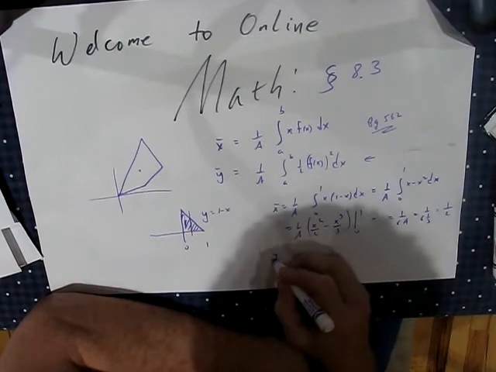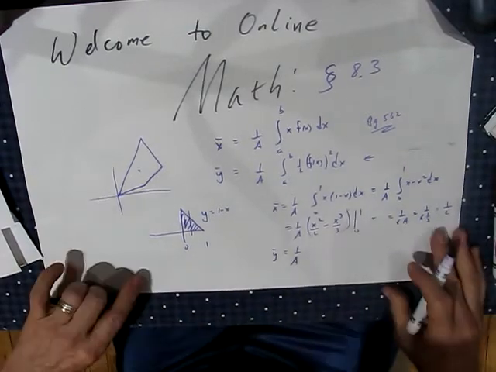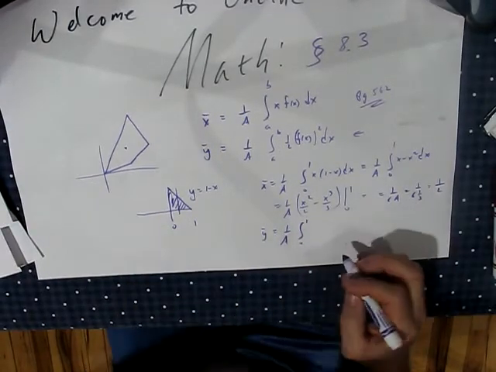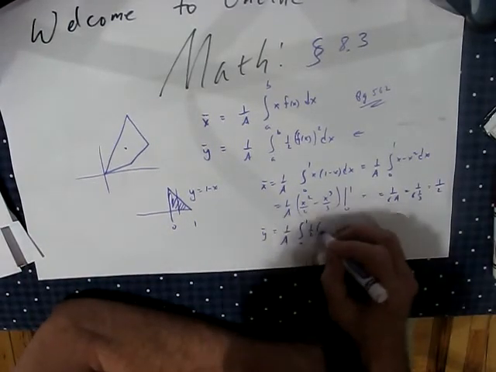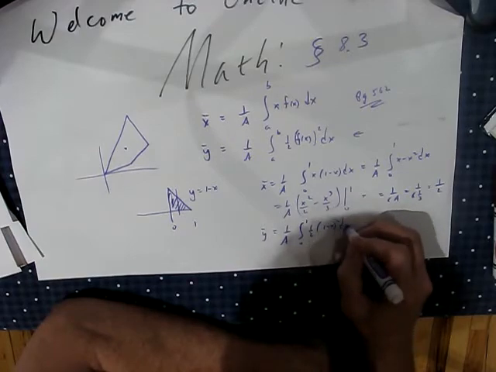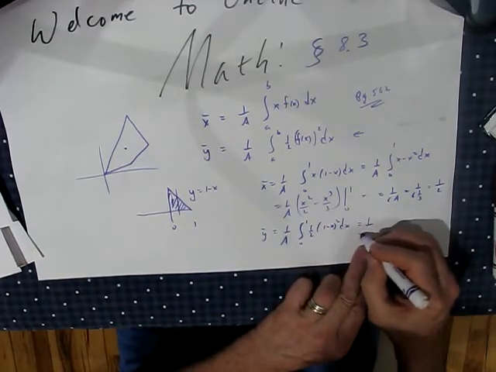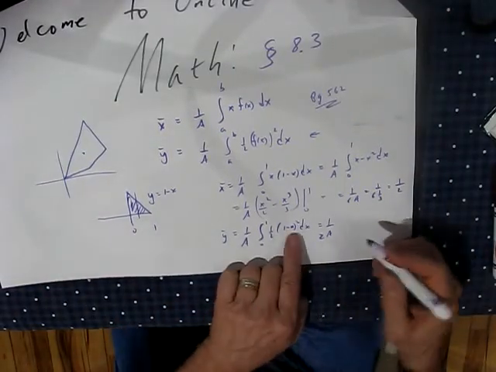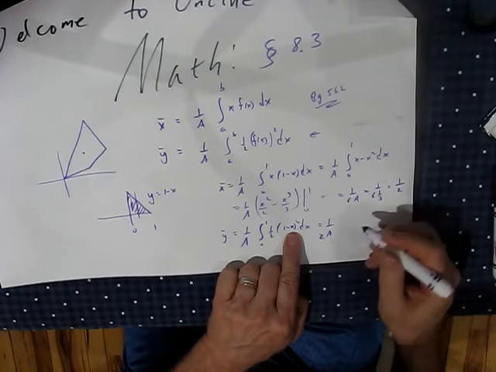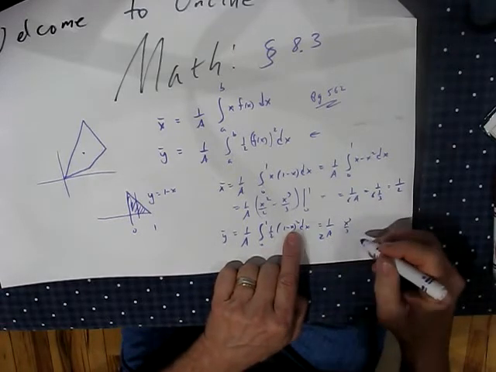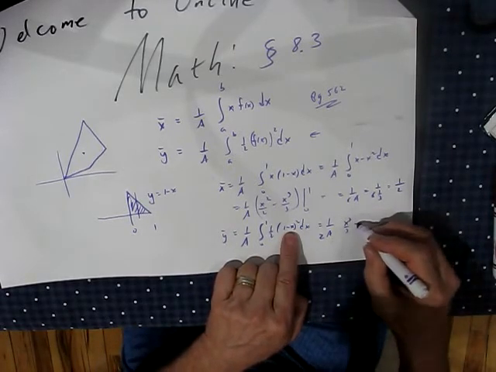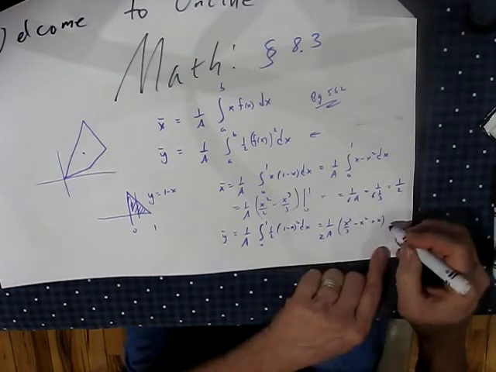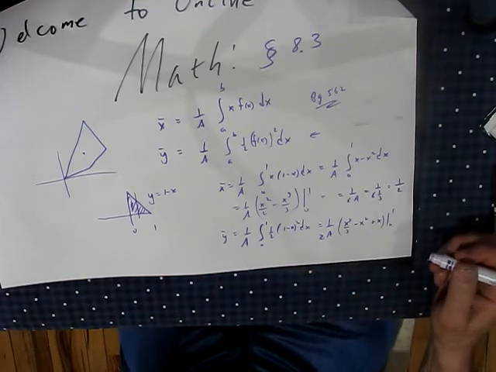All right, now let's take a look at y bar. 1 over a, the integral from 0 to 1, and this time it's 1/2 times 1 minus x squared dx, which will be 1 over 2a, and now I'm going to square this and integrate in my head. The x squared, when integrated, will be x cubed over 3. The minus 2x, when integrated, will be minus x squared, and the 1, when integrated, will be x, and this will be evaluated from 0 to 1.